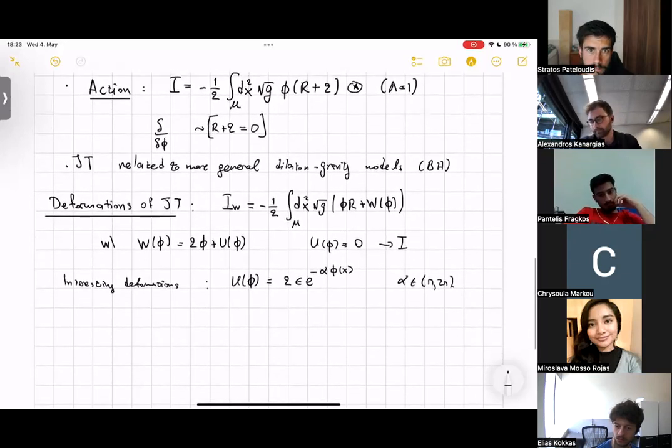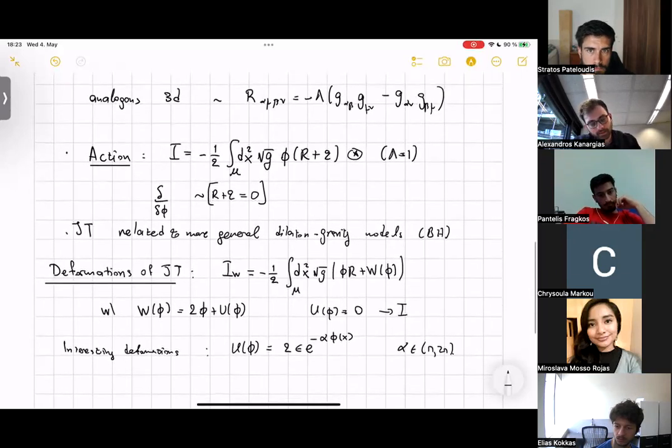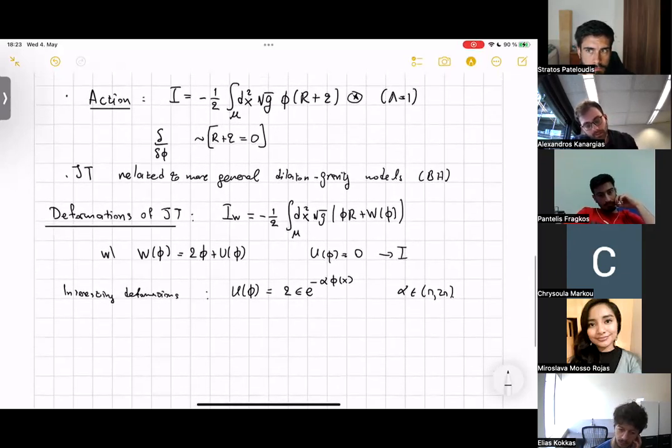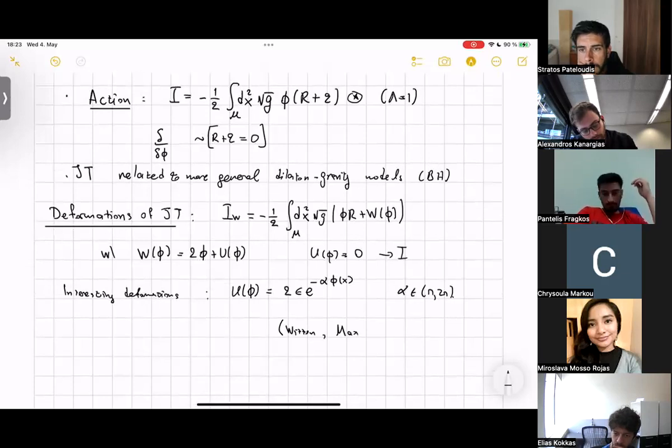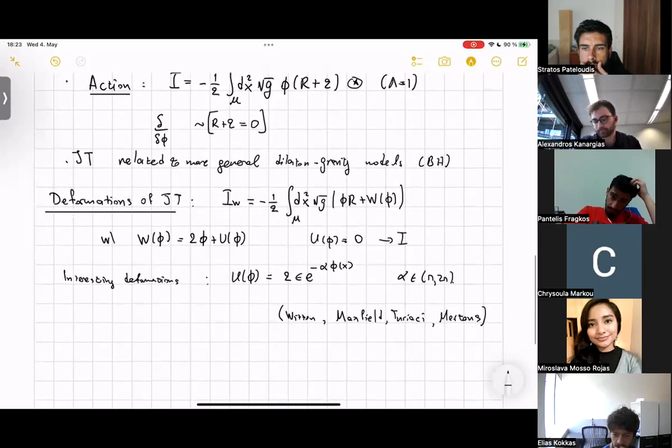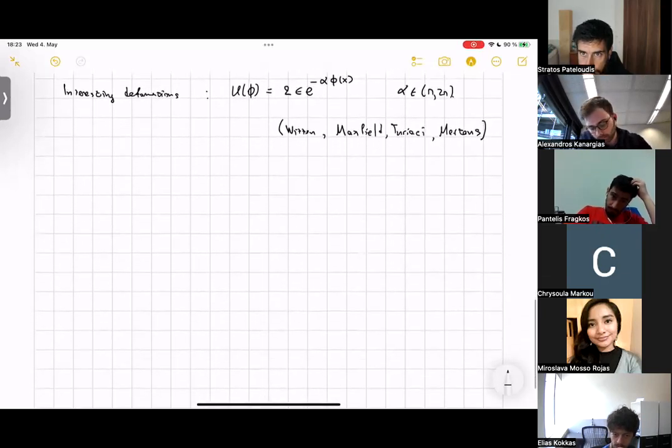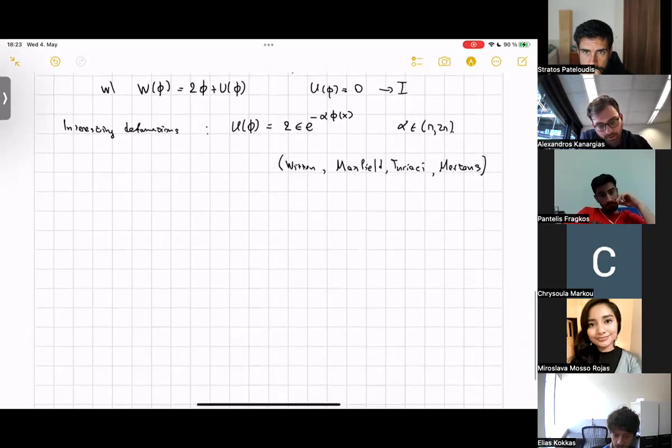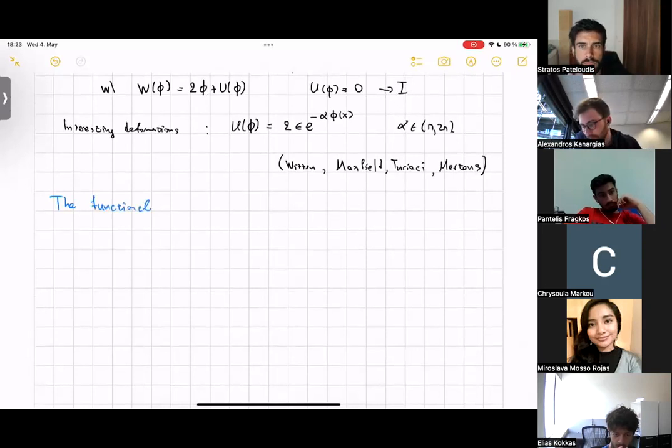This deformation and its quantization were studied by Witten and also Maxfield, Turiaci, and Mertens.